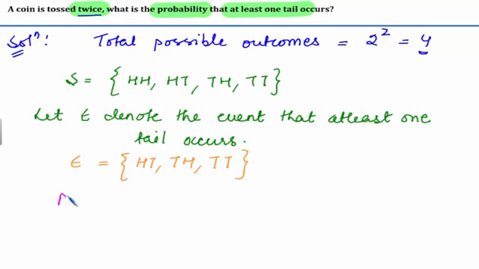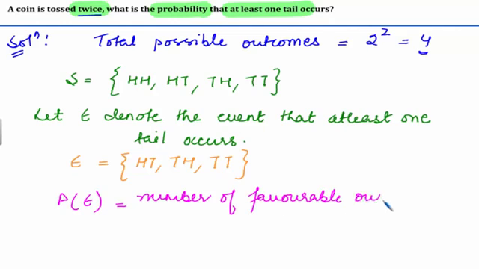Therefore, probability of the event E is equal to number of the favorable outcomes to the event E divided by the total number of outcomes.